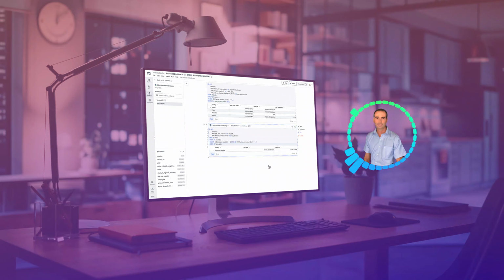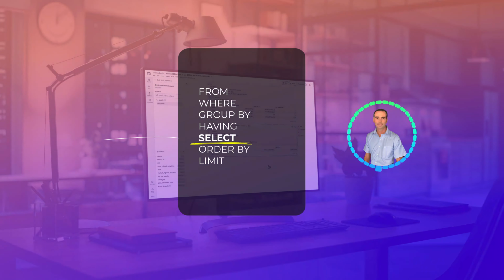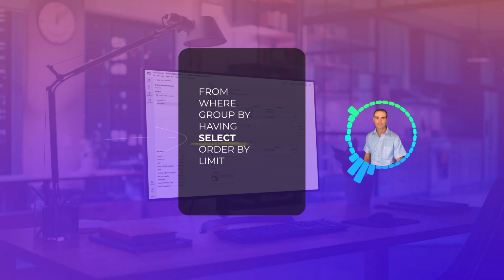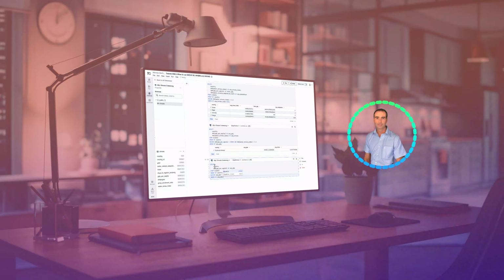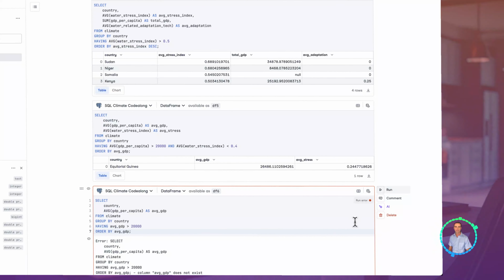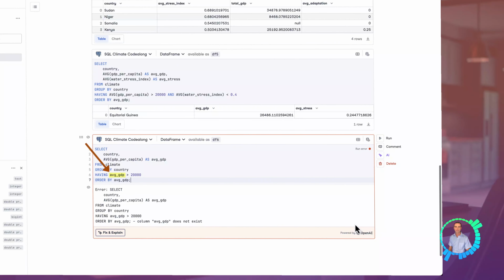Be careful, however, when using aliases in aggregate functions. Remember that using aliases in aggregate functions within the having clause can generate errors, since the definition of aliases occurs only after the execution of having, during the select phase. Let us look at an example. The query returns an error due to using the alias aggGDP in the having clause.